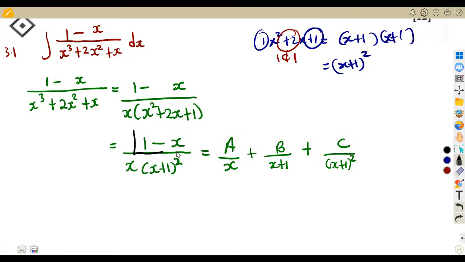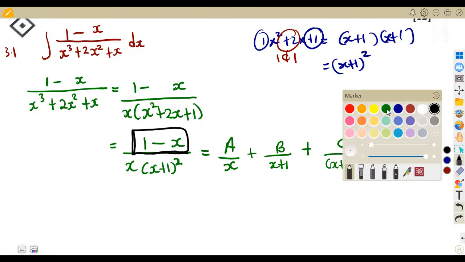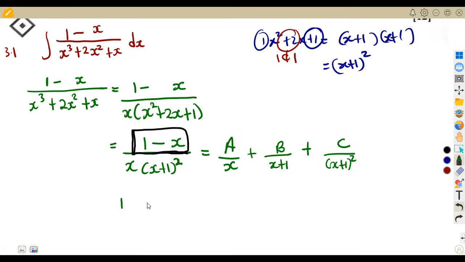We're going to equate what we have on the numerators. This part is the numerator, which is under the LCD. This denominator here is the one that is carried all along across there. So that's your LCD. So you equate the numerators. 1 minus x is equal to, here we're going to have A into what? We divide this by the LCD, x and x cancel, we remain with x plus 1 squared. So this is going to be A into x plus 1 squared.